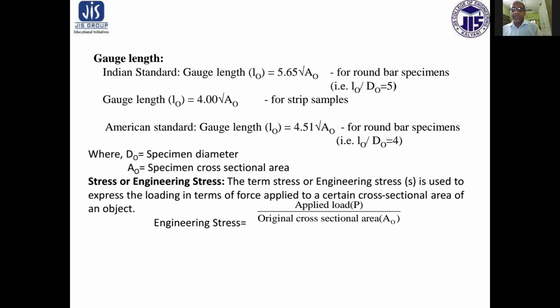For the American standard, the gauge length is 4.15 root over A0 for a round bar specimen, that is, L by D ratio is equal to 4, where D is the specimen diameter and A0 is the cross-sectional area.